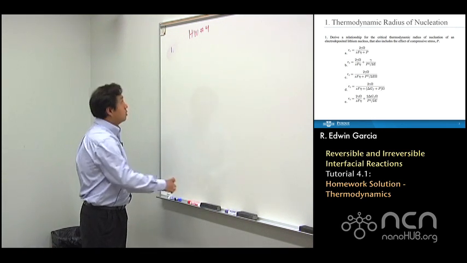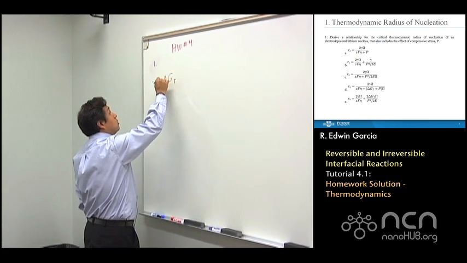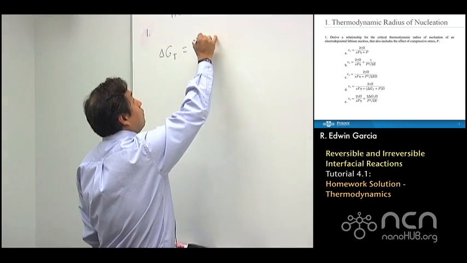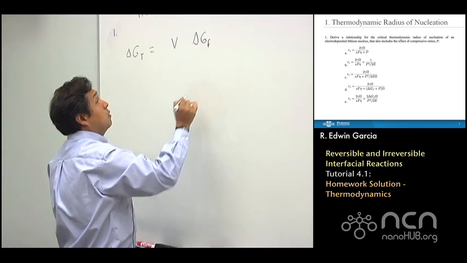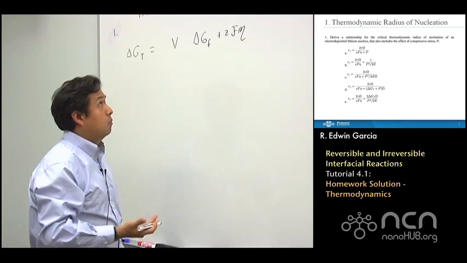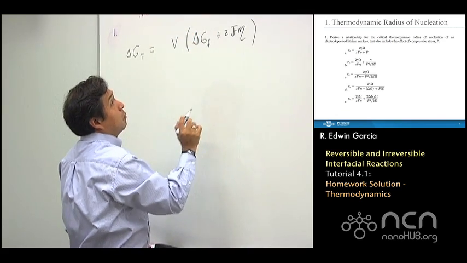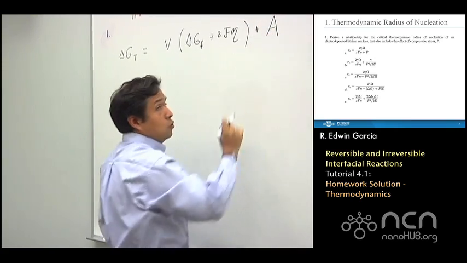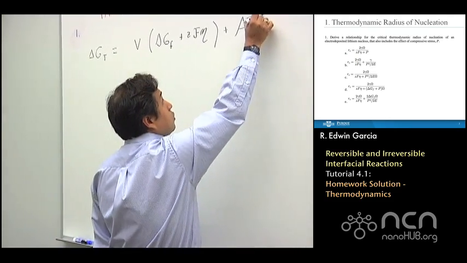In this case, we can look at the total free energy of the system. Conceptually, you have a volumetric contribution where you account for the Gibbs free energy of formation, plus the contribution from the overpotential, plus a contribution from creating area in the system times the surface tension.